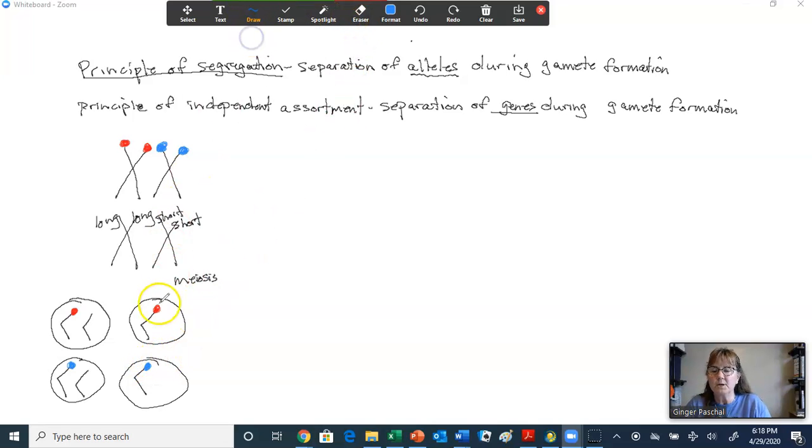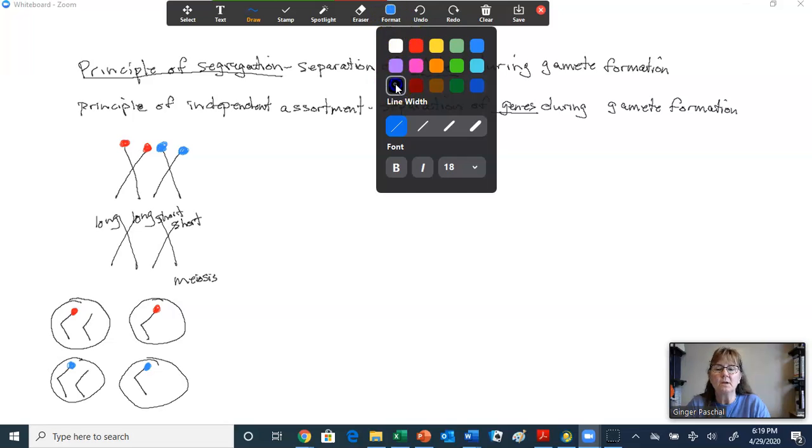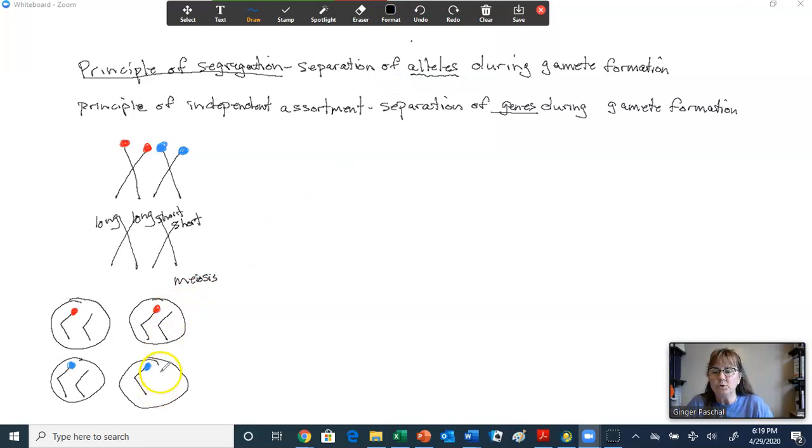I need to draw in the rest of my chromosomes. If this were to split down the middle, if we get a chromosome that codes for a red color, we're also going to get the sister chromatid that becomes the single chromosome that says long. So again, when we have the red in this situation, we get long. And on this side with the blue, we get short.